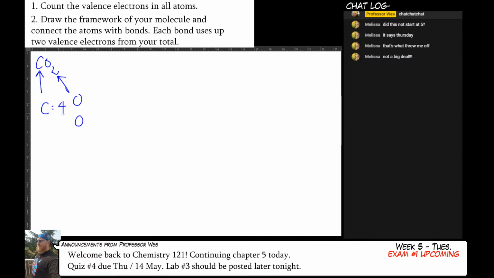So we know that carbon has 4 valence electrons for being in group 4. Each of these oxygens is in group 6A. It provides 6 electrons. And so in other words, what I end up having is a 4, and then 2 times 6. And the total number of electrons would be 6 times 2 is 12, plus 4 is 16.